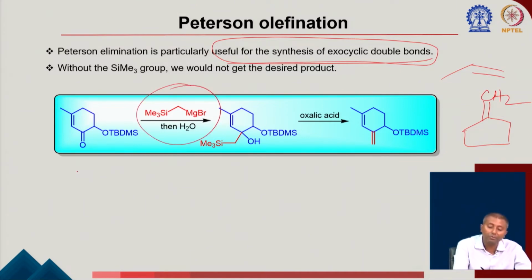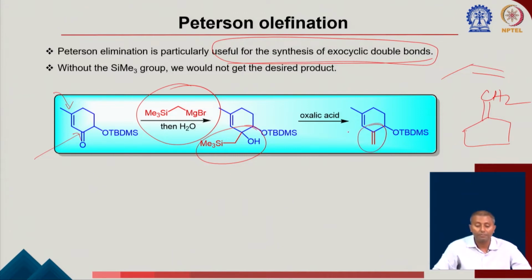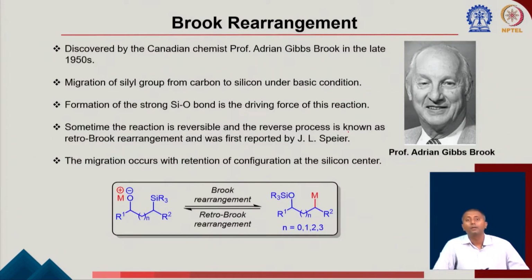You can see here there is a possibility of 1,4 versus 1,2, but this is a hard reagent, so the Grignard is going to go for a 1,2 addition first, and then after the elimination of water, it forms this exocyclic olefin.